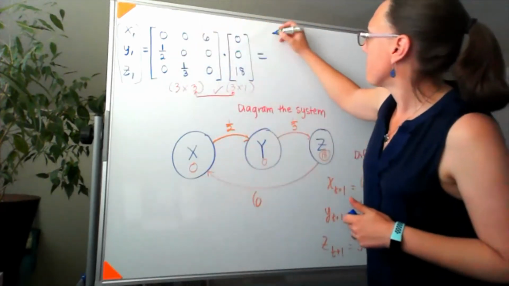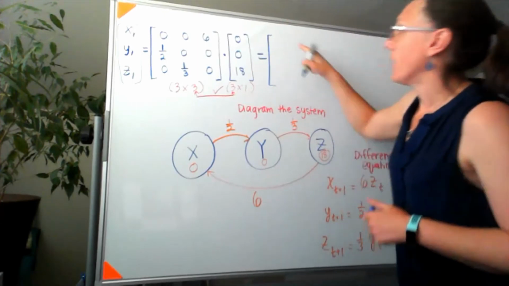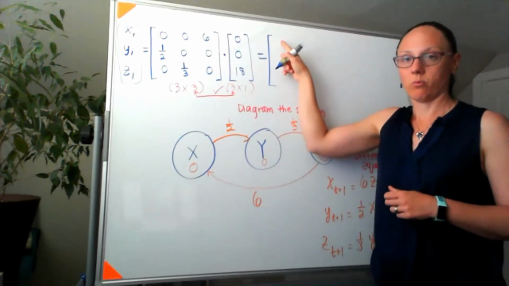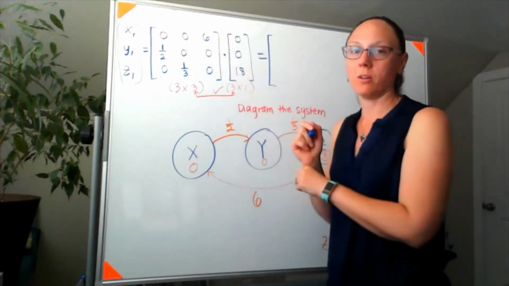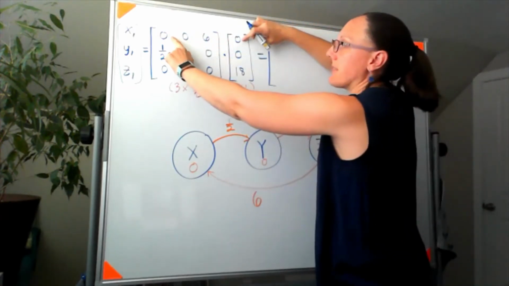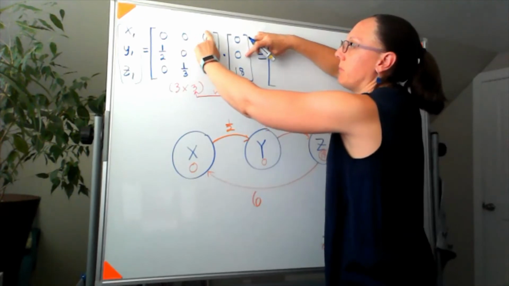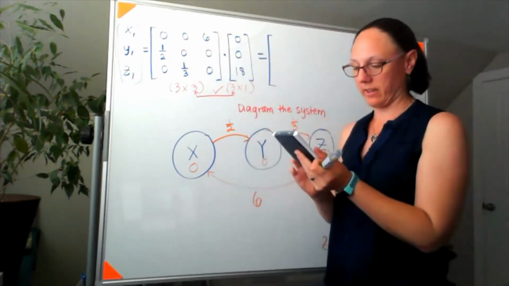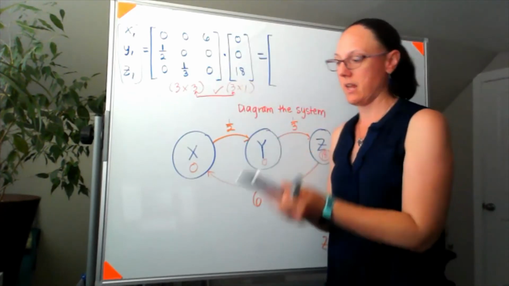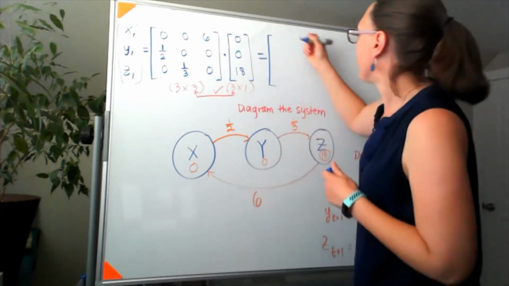So to get the entry in row 1, column 1, I need row 1 times column 1. So I have 0 times 0 plus 0 times 0 plus 6 times 18. So a little quick calculator action. 6 times 18, I get 108.